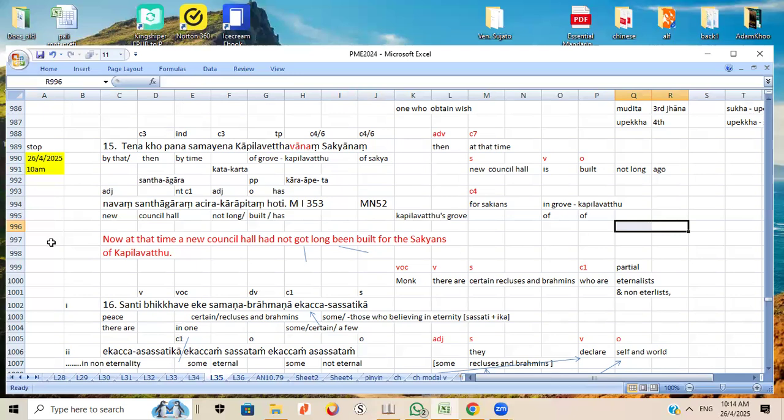Brother Alfred: This karapitam is from kara, from kata, as a participle, but the first A is a long A? Yes, the first A is a long A. It is strengthened. It is always strengthened that way.